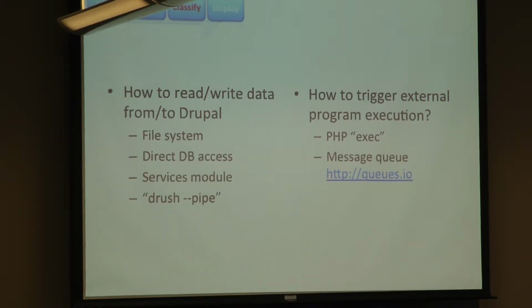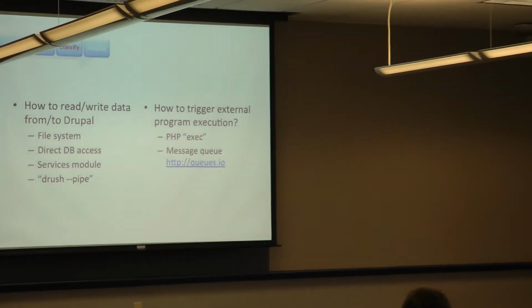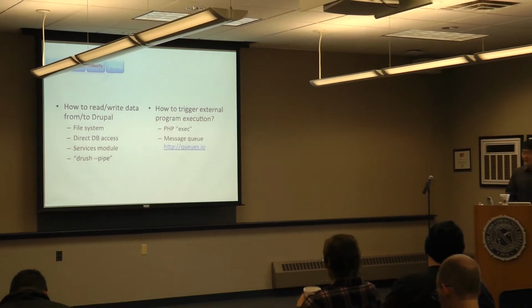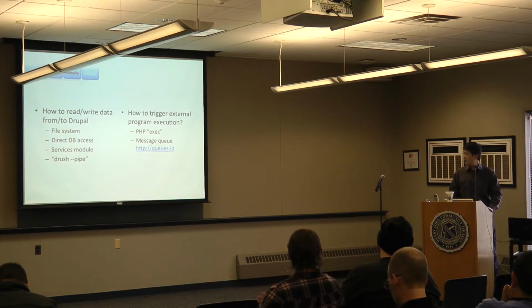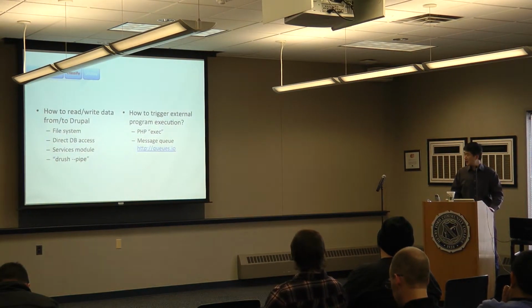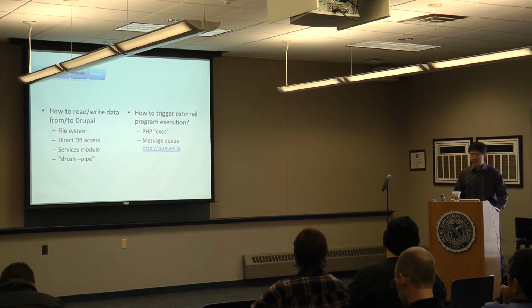What people usually do is to use a message queue system, which is usually a worker-producer queue. The typical way of making it work is that Drupal behaves as a producer and creates a job in this queue, and then your machine learning program can take that job and execute it and save results back into the queue, so that Drupal can take them later.